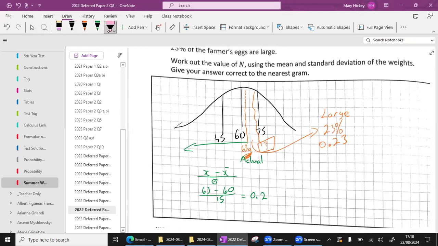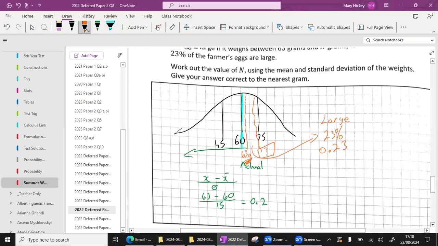So just for a moment, the very, very middle should be 0 in terms of our standardized score. Then when we go up one standard deviation, the standardized score is supposed to be 1. So it absolutely makes sense that the first orange line is 0.2, because it's a little way up from 0 and a good bit down from 1.